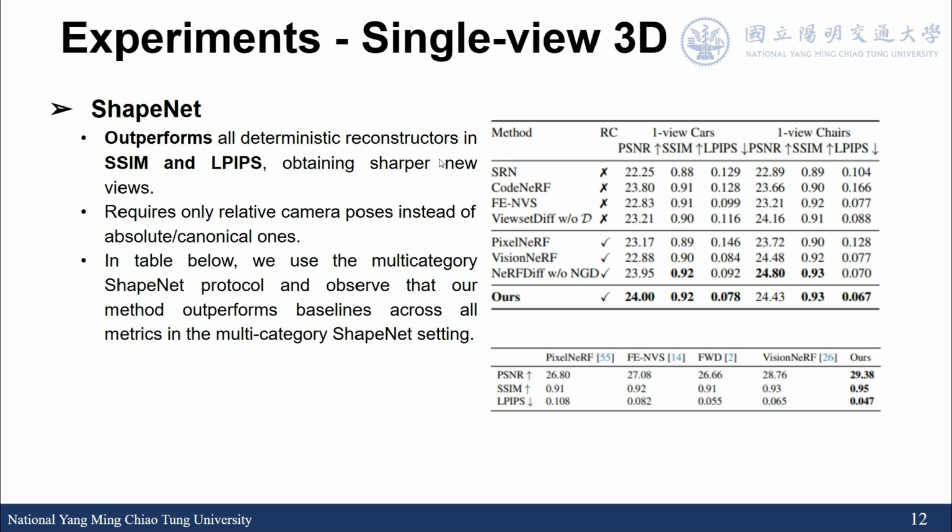In the table, we follow the multi-category ShapeNet protocol to compare the performance. The results show that our method consistently outperforms baseline methods across all metrics in a ShapeNet setting. For example, in categories such as cars and chairs, our approach achieves the best PSNR, SSIM, and LPIPS scores.